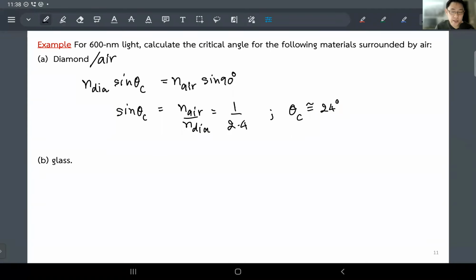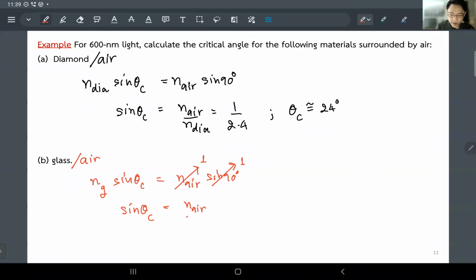But then you can compare this to the glass-air critical angle. So you do N glass sine theta critical, and the right side will look exactly the same: N air sine 90, which is 1. So sine theta critical for the glass-air pair is going to be N air over N glass.